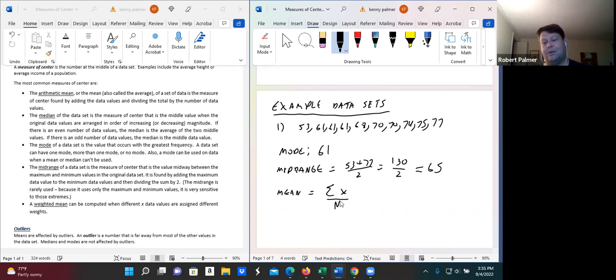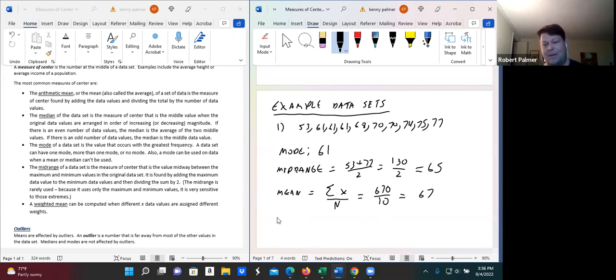That's going to be n, the number of data values. Now, I've already done the sum. If we take all these and add them all up, and you should verify this on your own, it should be 670. Then the number of data values is 10. Of course, that's easy to divide. That's going to be 67. So that's our mean. That's our average test score.